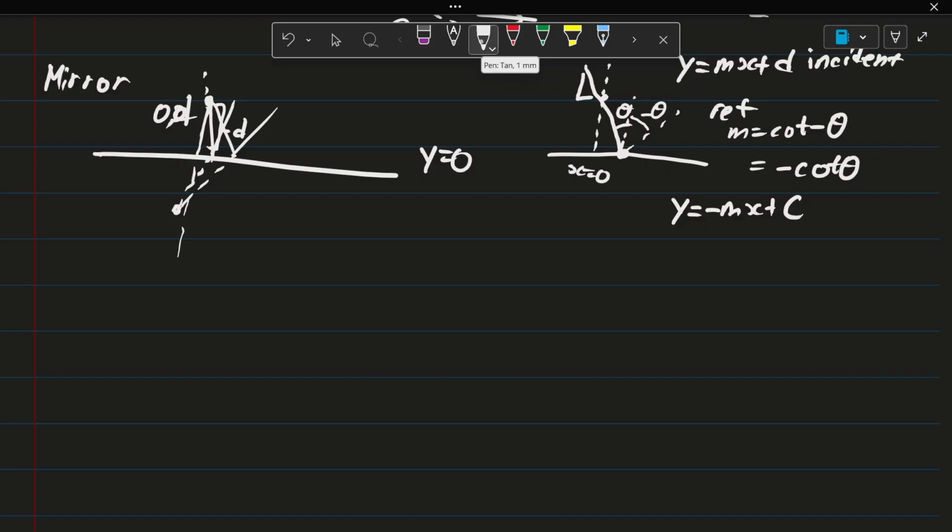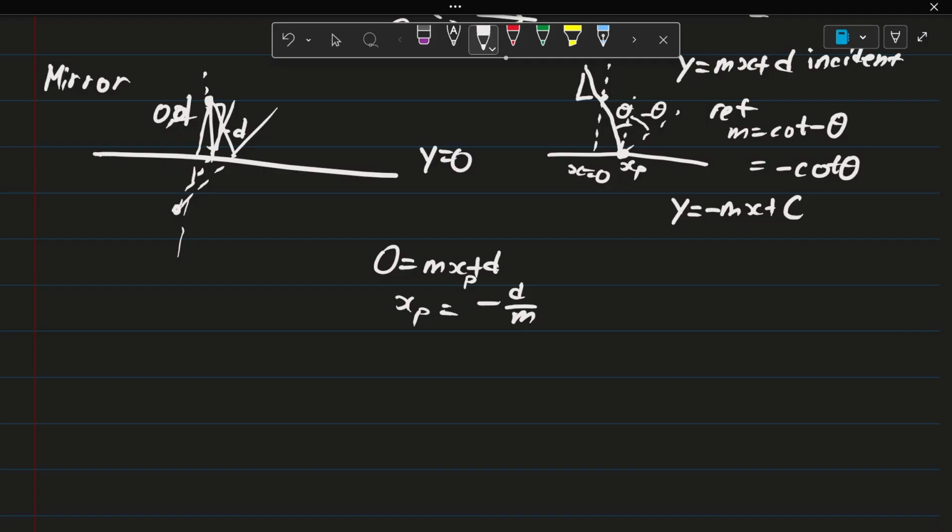So at y equals 0, this must be equal to mx plus d of the particular point. So this is xp. So xp in here is going to be negative d over m. If we substitute this into the reflected ray, what we would get is that the y in here should be 0.